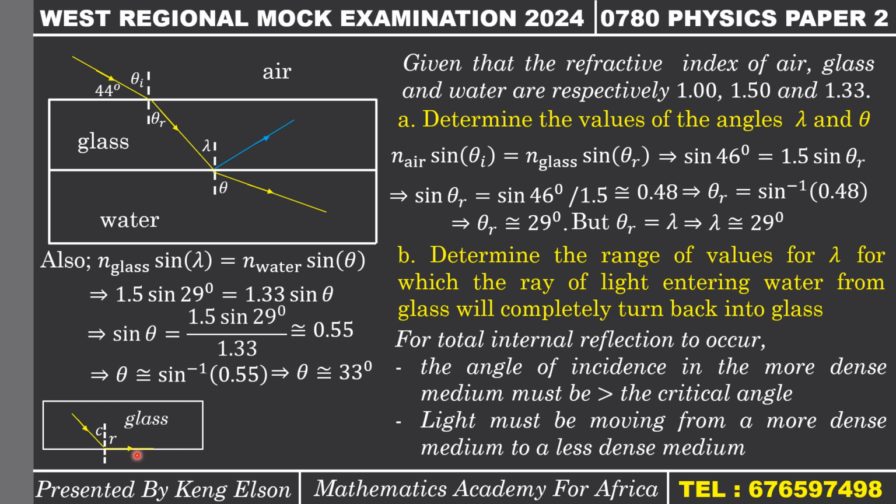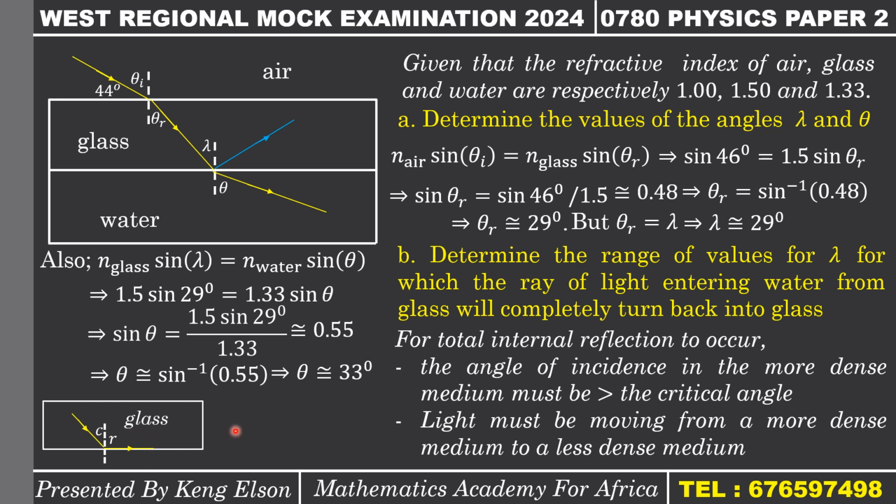This angle here is the angle of refraction, the angle that the refracted ray makes with the normal. You see, the refracted ray is horizontal and the normal is vertical, so the angle between them is 90 degrees. We can see that the two are perpendicular. So again, the critical angle is the angle of incidence in a more dense medium that will produce an angle of refraction of 90 degrees in the less dense medium.